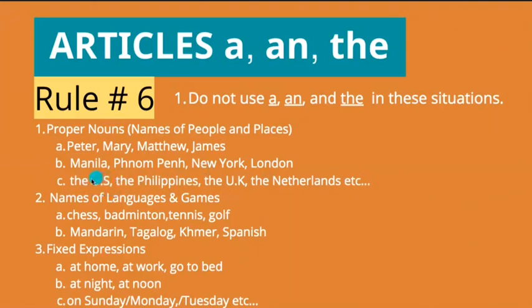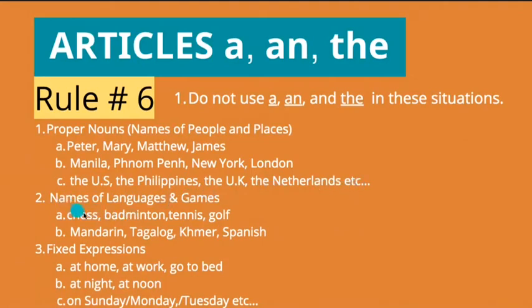Maybe for the United States, they have a lot of states. The Philippines is an archipelago, there are a lot of islands. The UK, maybe kingdoms, and I'm not quite sure about the Netherlands, but that's what it is. When you encounter those words, you will have the Netherlands, and there are more actually.